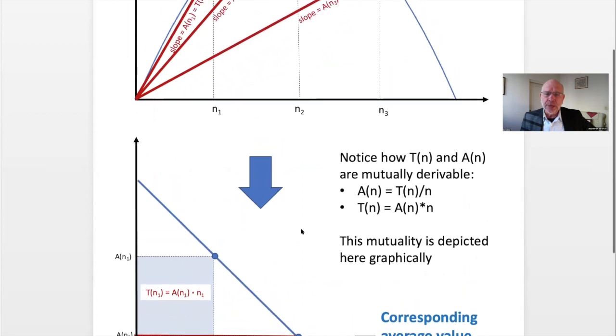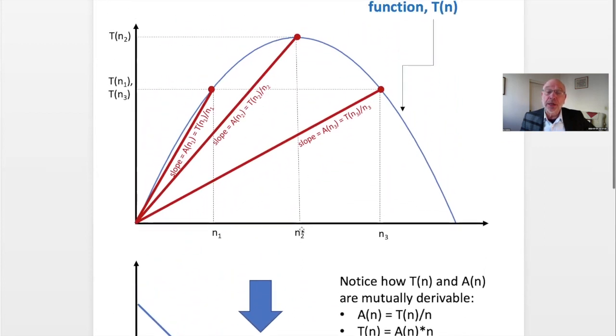So let's look at N3, for example. The corresponding total value is T at N3, which in this particular diagram happens to correspond with T of N1 as well, due to the symmetry of this shape. And so notice that the slope of this chord is given by the rise over the run, which in this case is the total value, Tn, divided by n.